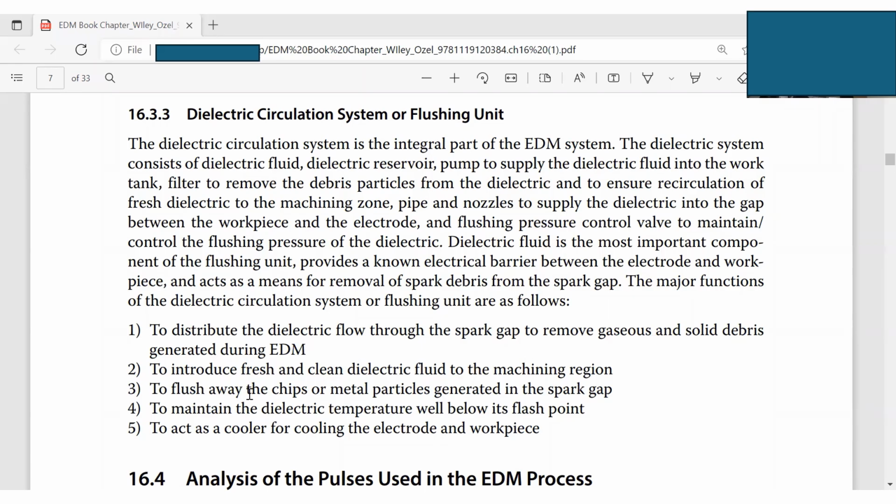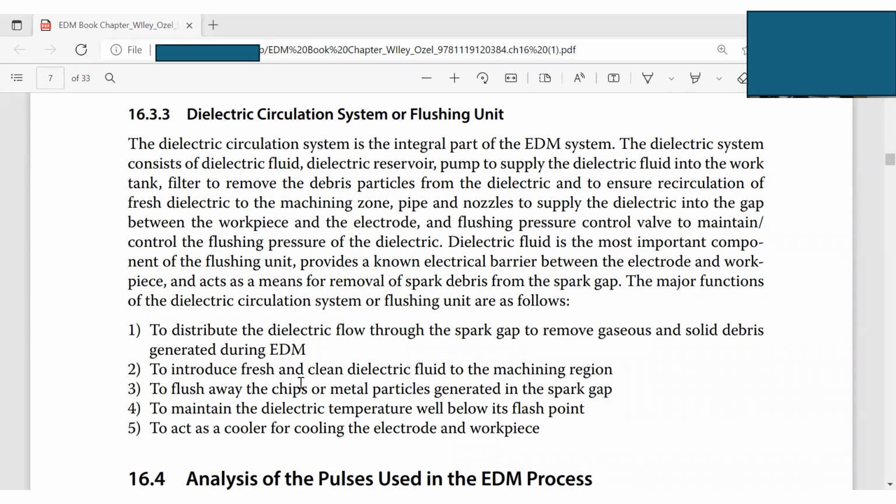And the third one is to flush away the chips, the debris, or the metal particles generated in the spark gap, and to maintain the dielectric temperature well below its flash point. So the temperature of this dielectric fluid will be increasing.